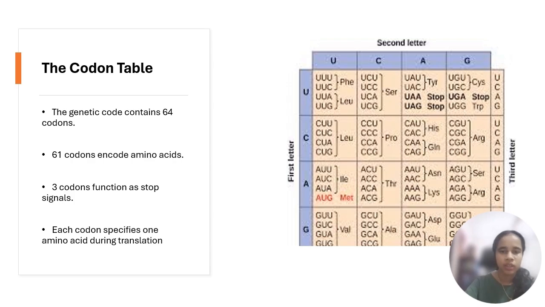Each codon corresponds to only one amino acid, so it makes the code very precise and reliable. Scientists represent this information using a codon table. The codon table will help you to quickly identify which amino acid is encoded by a specific codon, right?